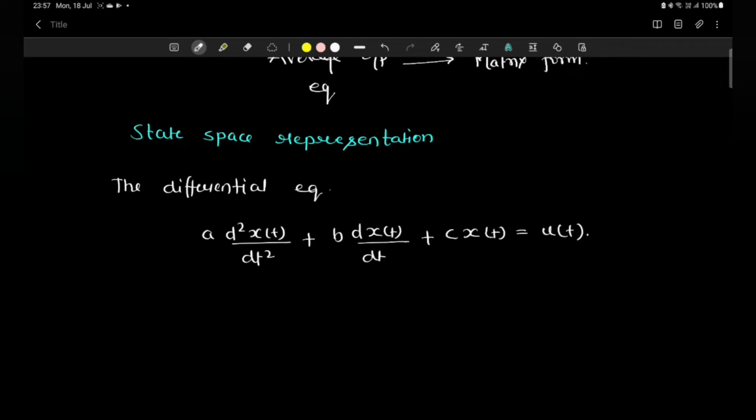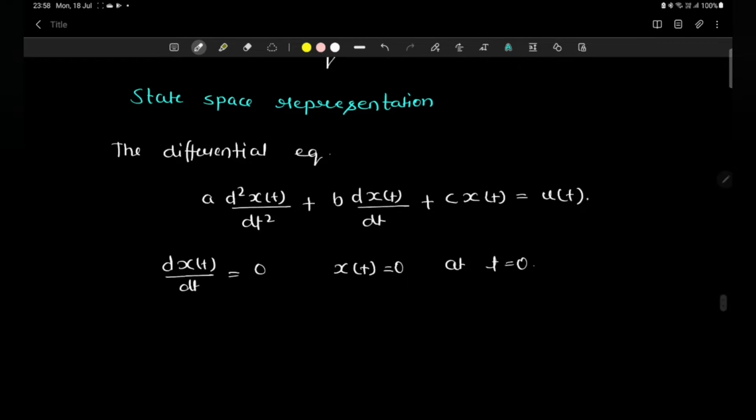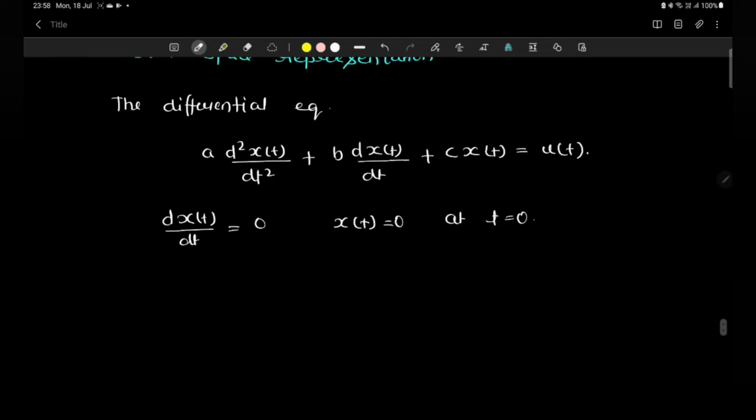Now this is a second order differential equation. First, with initial conditions, we take dx of t by dt as 0. We start initially from 0, so x of t is equal to 0 at t equal to 0. Now let me rearrange this.